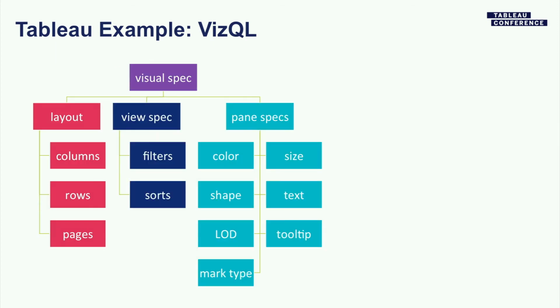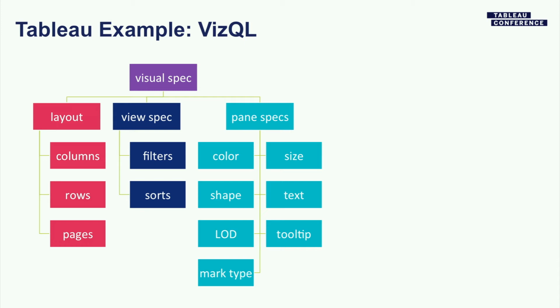we look at what we call the visual specification. And it consists of several different pieces. One has to do with layout, and that's what's on columns and rows and pages. Another piece we call the view specification, or view spec, and that's how we're filtering and sorting the data. And finally, the pane specification is all about how we break things down, the level of detail, how we encode things: color, size, shape.